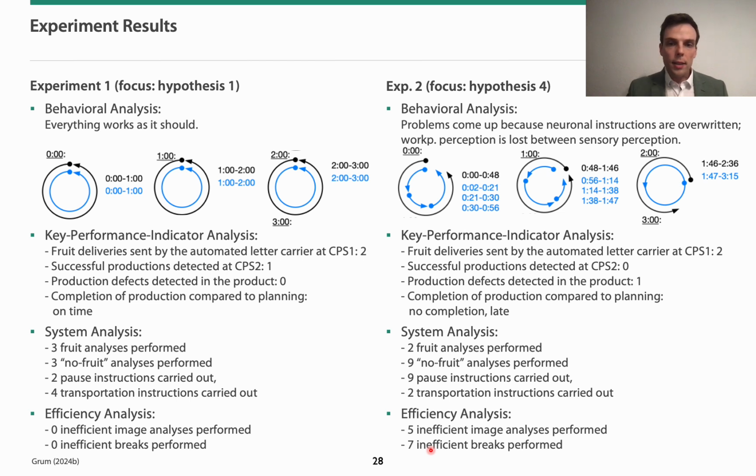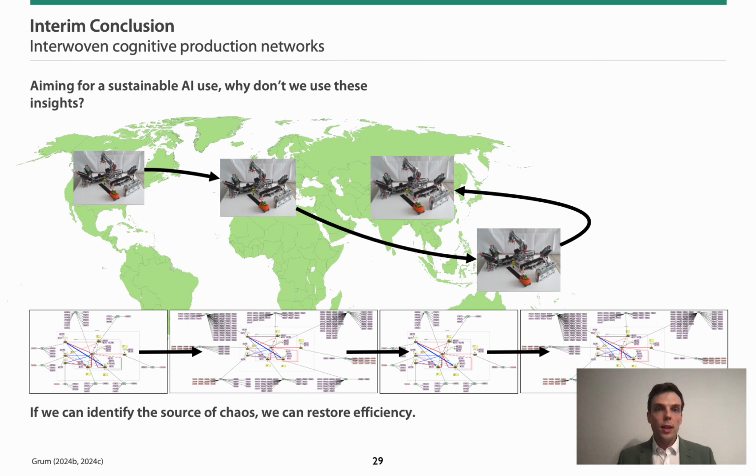Thus, at the second cyber-physical system, in total, no productions are finalized successfully. Consecutive production sites will notice supply bottlenecks. In experiments, I have counted numerous inefficiencies due to false activation organization in these interwoven cognitive production networks.